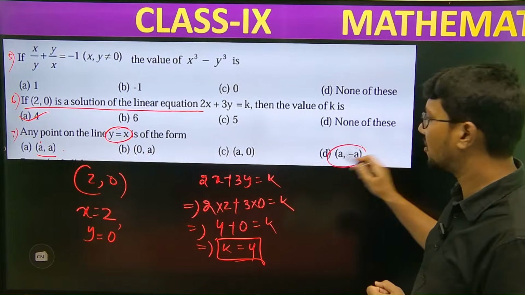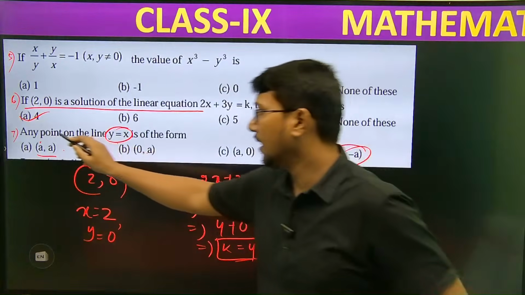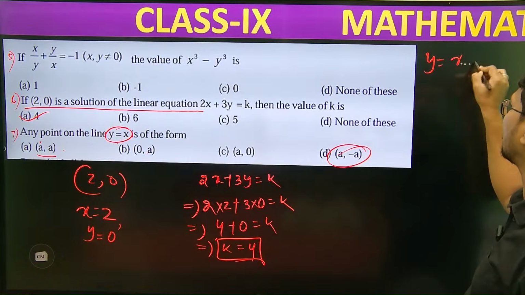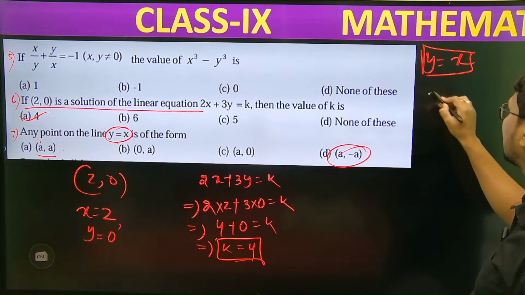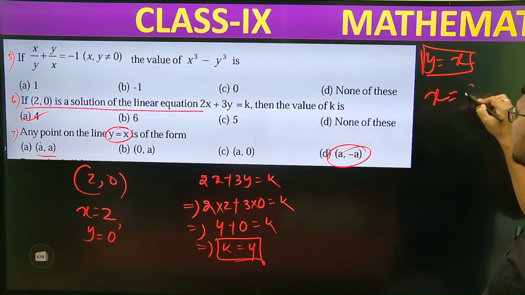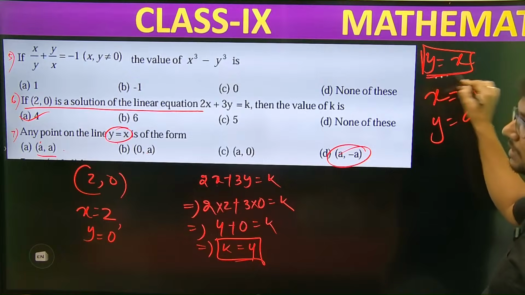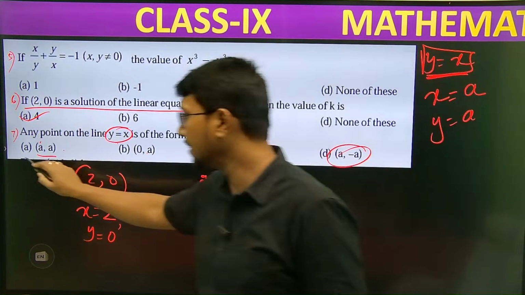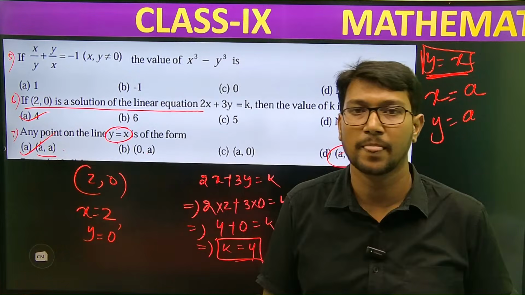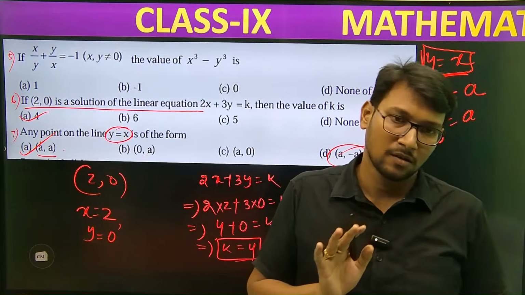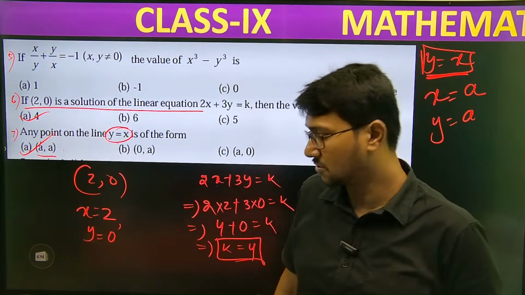Y equals x means whatever the x value, if x is a, then y is also a, because these two are equal. So option A is correct. Clear? No doubt? Moving to the next question.